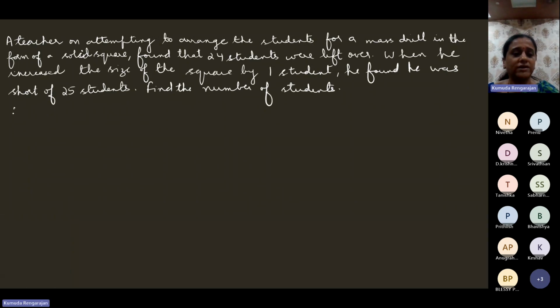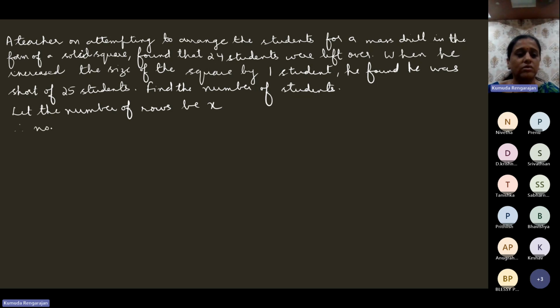Okay. So let the number of rows be x. Now, because it's a square, the number of columns also will be x.